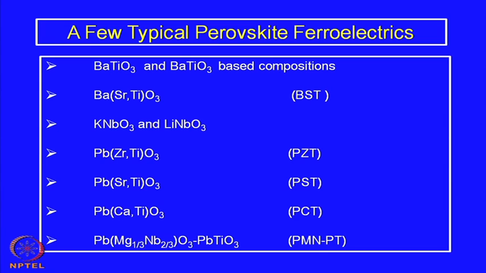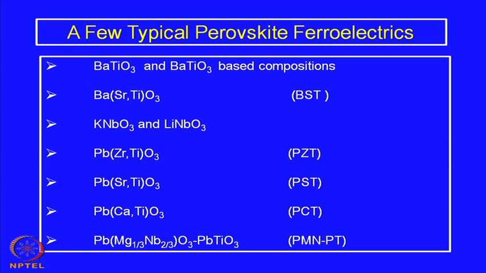One important compound worth mentioning is barium strontium titanate. Here the barium site has been substituted partly by strontium. So, it is a mixed titanate of barium titanate and strontium titanate, and sometimes it is referred to as BST.